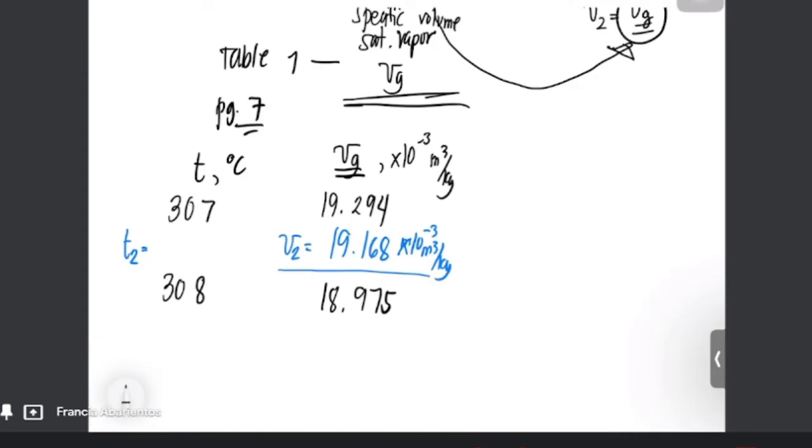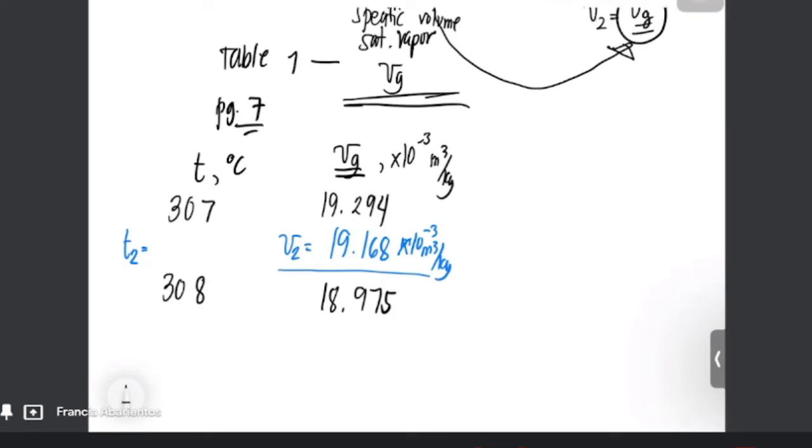Sa 307, class, ano yung gagamitin sa internal energy? Internal energy, what column? Sige nga i-chat nyo, anong column yung gagamitin nyo para ma-interpolate nyo? UG. Okay? Wow, in-input na, very good.